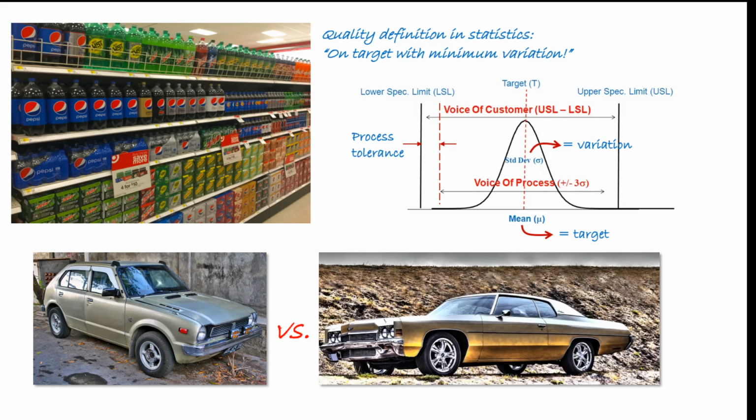But if quality is linked to reliability, meaning that our cars rarely get unexpectedly damaged, then the operational data shows that the Civic is much more reliable than the Impala. And this reliability is due to the mass-produced components with high standards of consistency. That's on target with minimum variation.